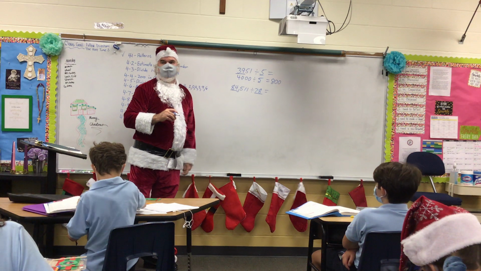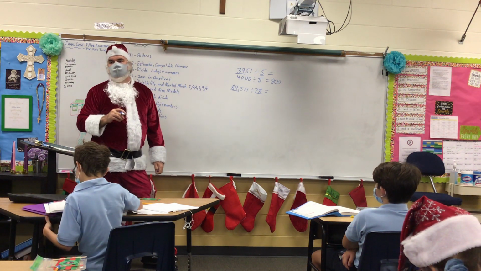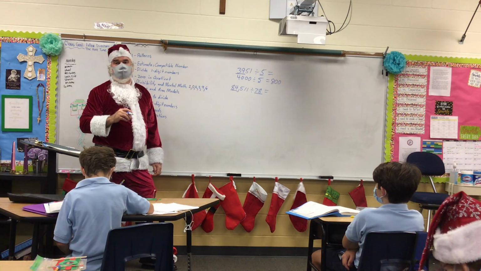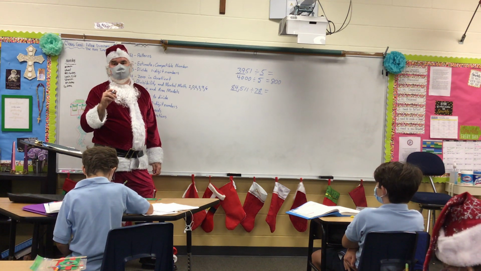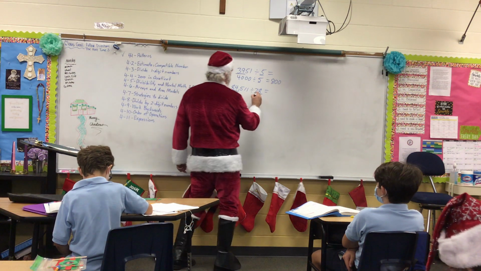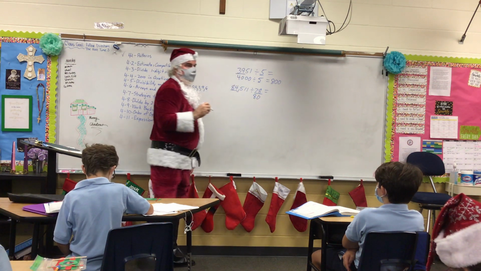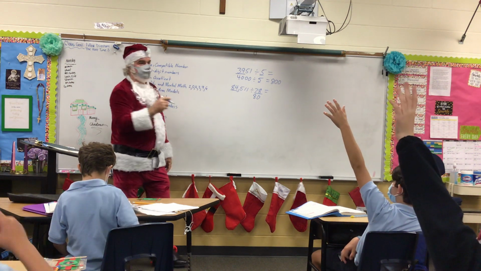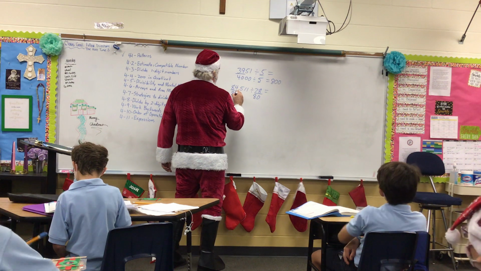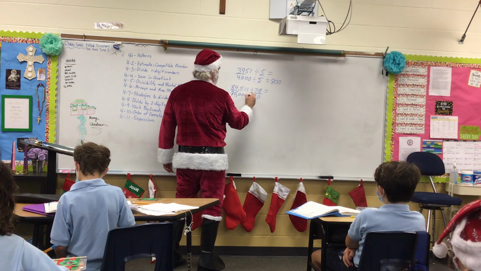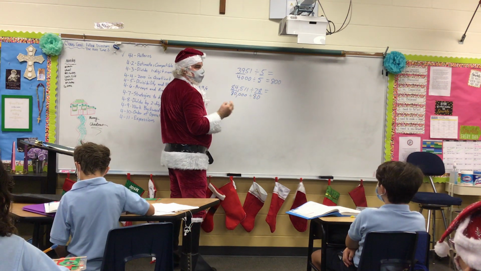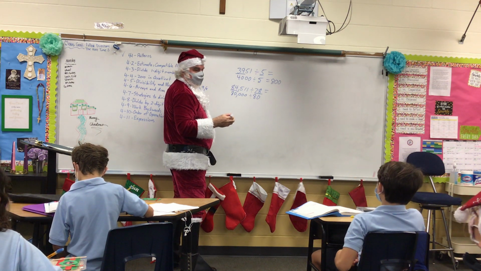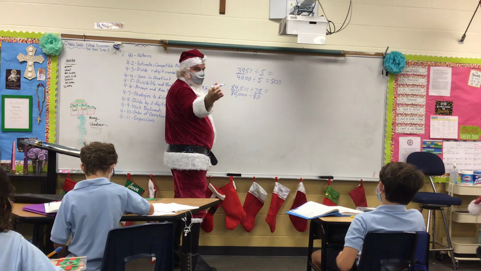78. What does it round to? 80. So if this rounds to 80, what would 84 round to? 80. So here we'd have 80,000 divided by 80. Think of it. 100? No. 10,000?